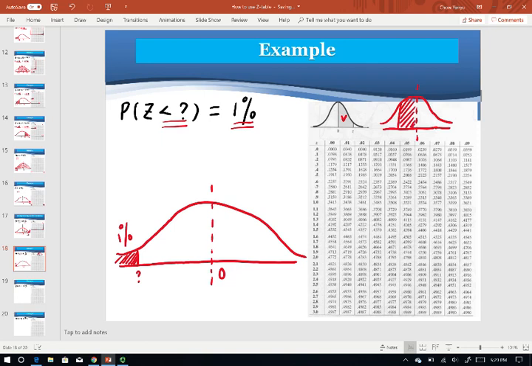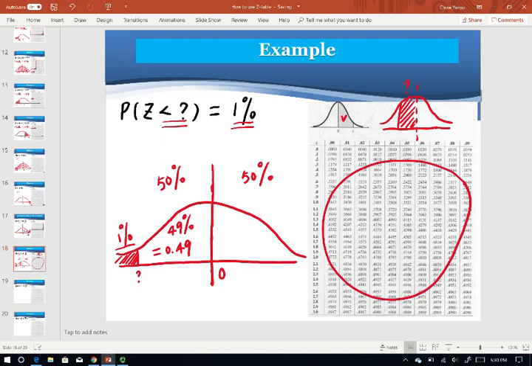You need to always find out what this area will be. That is the table value in the z-table. So this is 1%, and together this half will be 50%. So this area should be 49%.